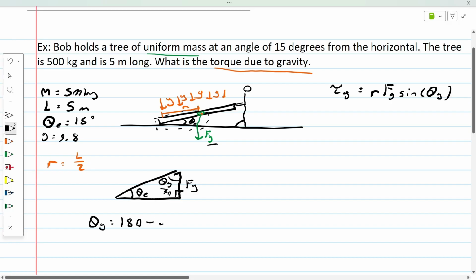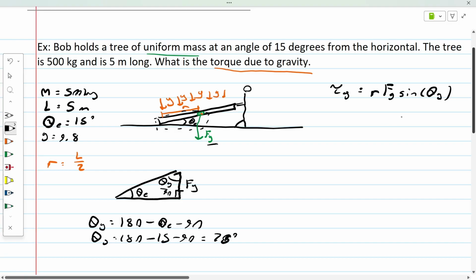So the angle of Earth is 15, minus 90, and if we plug these in, we get 75 degrees. Okay, now that we have that, we know what our angle theta g is.